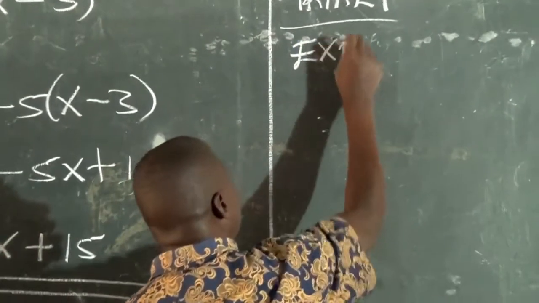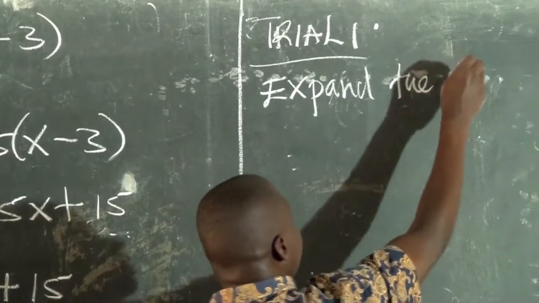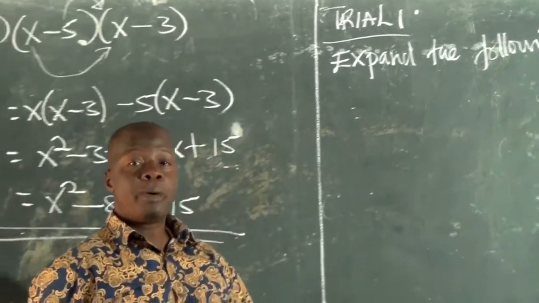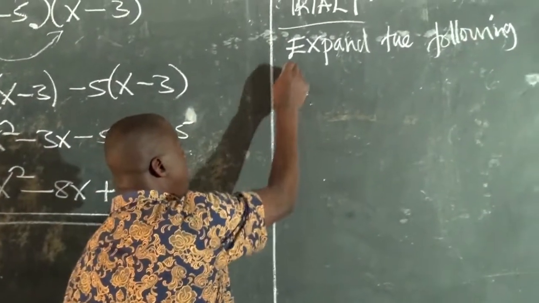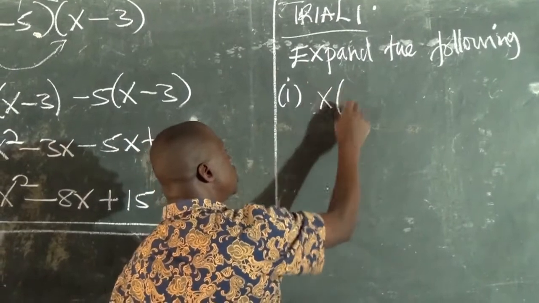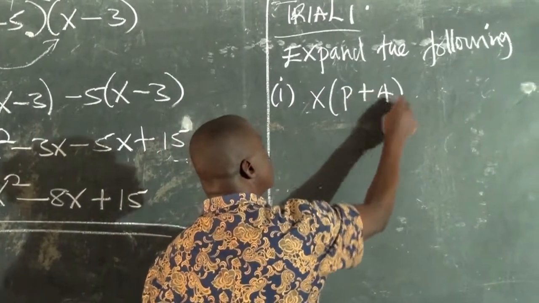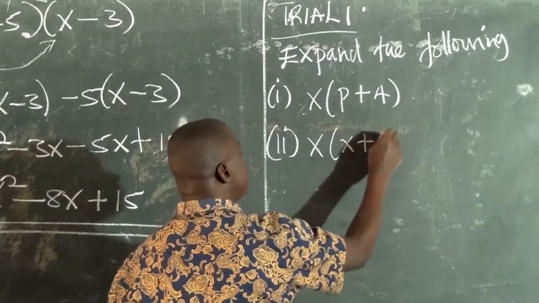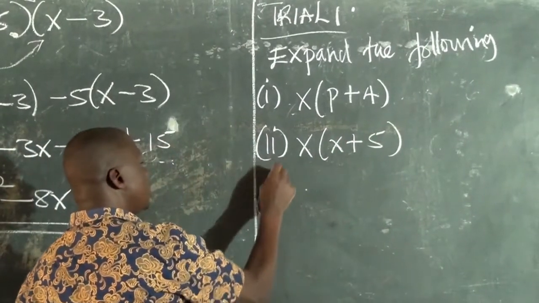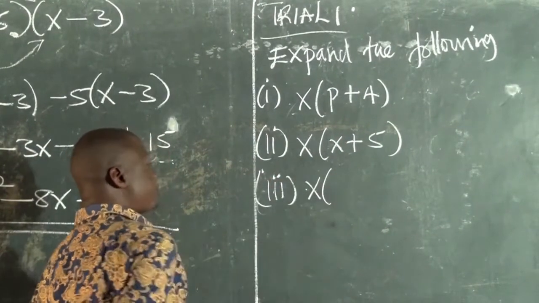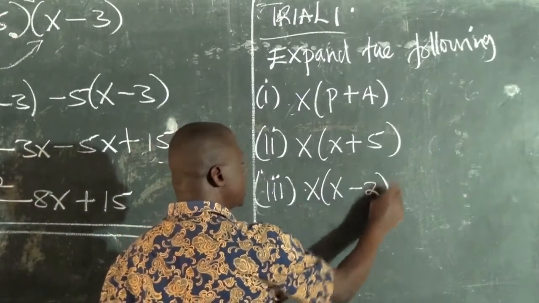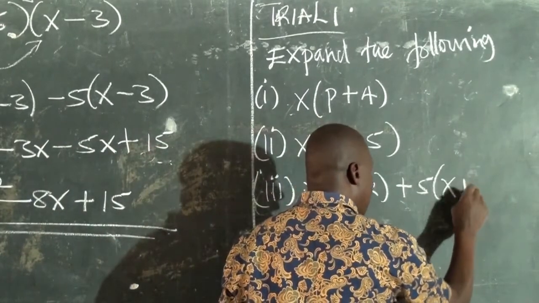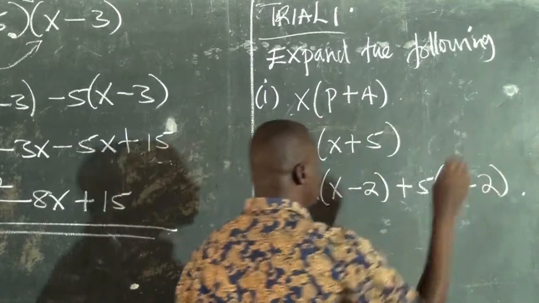Expand the following by opening brackets. Roman number 1, we have x into x plus 4. Roman number 2, we have x into x plus 5. Next, we have x into x minus 2, plus 5 into x plus 2.